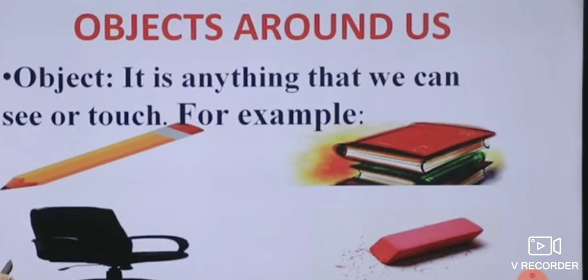We also learned examples of naturally occurring materials, that is wood, cotton, jute, silk, sand, etc., while man-made materials are plastic, glass, nylon, etc. We also learned about examples of objects and examples of materials.